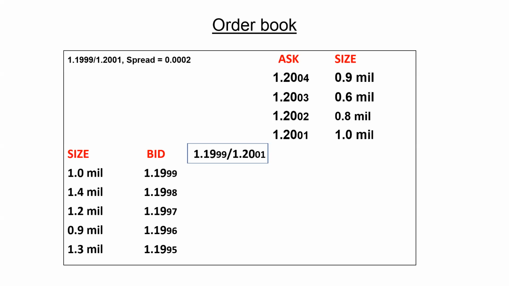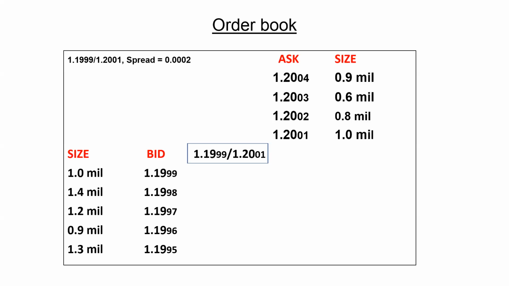Top left, you can see the bid-ask spread, 1.1999 to 1.2001, and the difference between the bid and the ask price is 2 pips, 0.0002. Above the square box in the middle, you can see the ask prices above the current market.